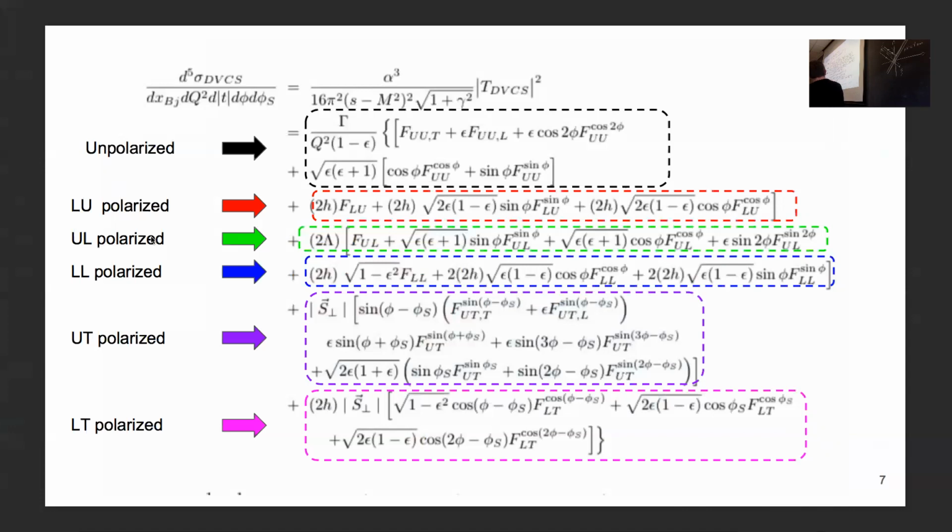You have your longitudinally polarized beam, unpolarized target. The opposite, unpolarized beam, longitudinally polarized target. You have your completely longitudinal observables, and then you have your transversely polarized target observables.